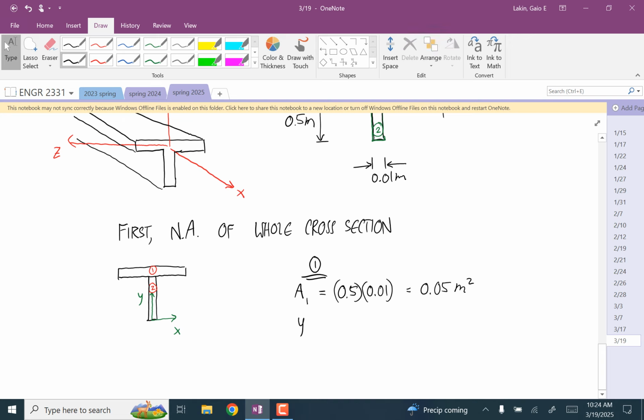And the centroid of 1 is, well, we know that it's 0.005 above the bottom. And we know that to get to the bottom from our coordinate system, you have to go up 0.5. So this is 0.505.